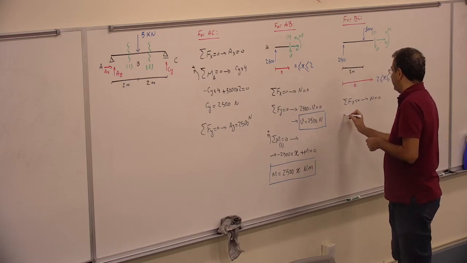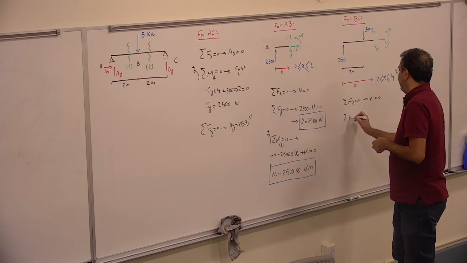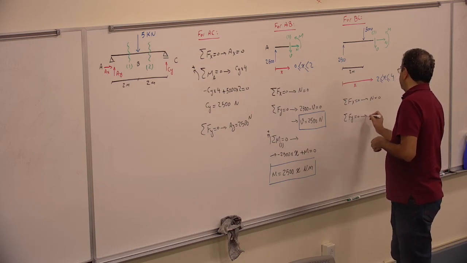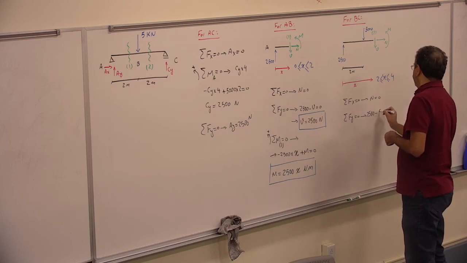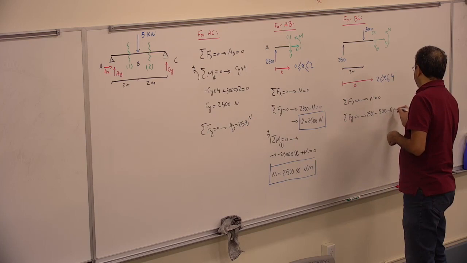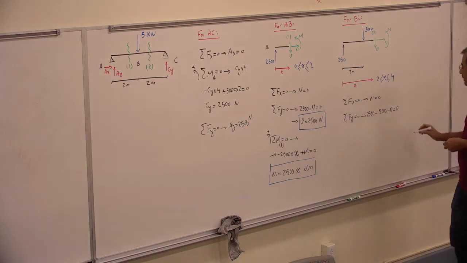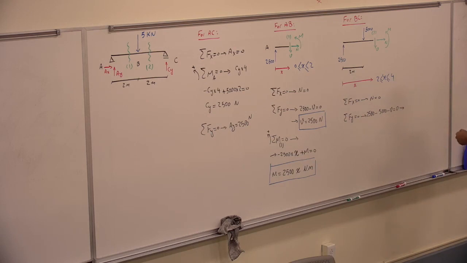Then sigma Fy is 0. So I have 2500 minus 5000 minus V would be 0. So V would be negative 2500 Newton.